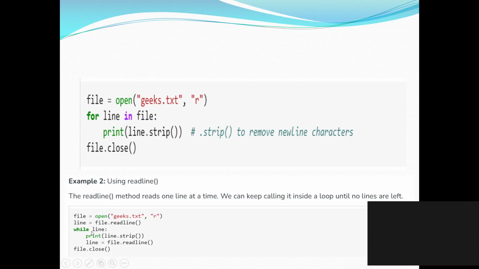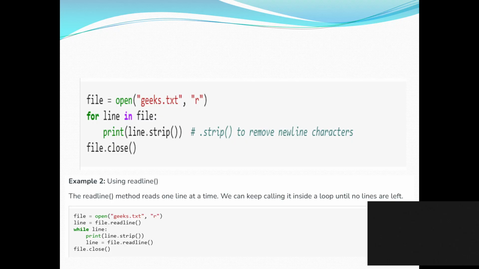While line: if the line has some specific contents, it evaluates to true. But if I reach the end of the file, Python returns an empty value. So we can print line.strip at every point in that loop, and the line gets updated again and again using file.readline.